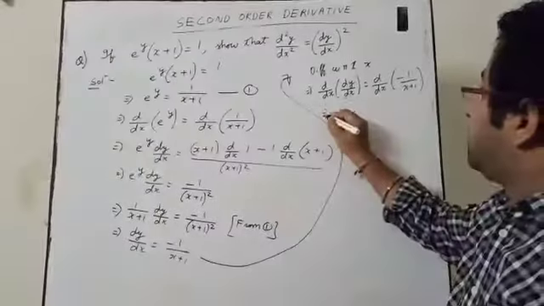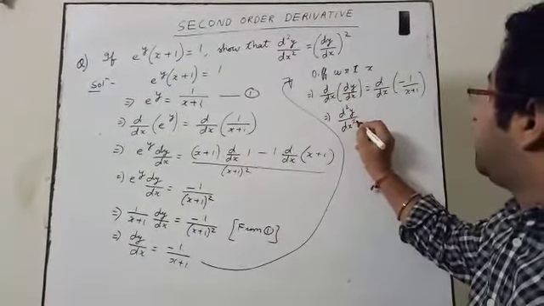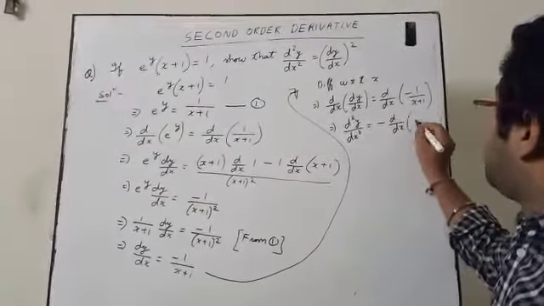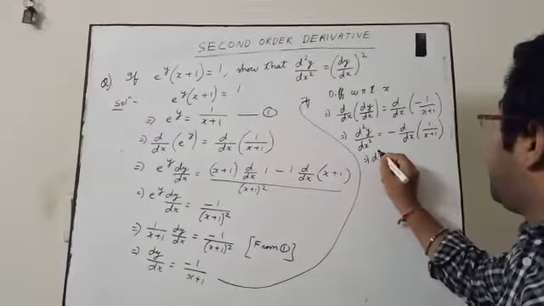So d/dx of dy by dx means d2y by dx square, and taking minus common, d/dx of 1 by (x plus 1).